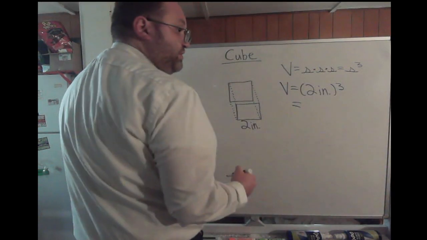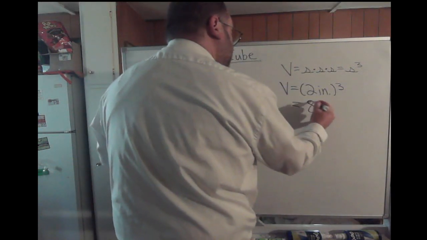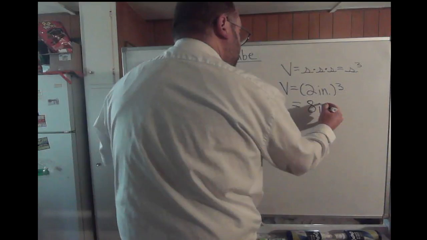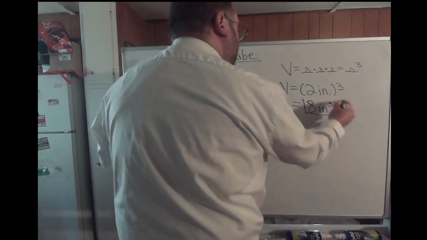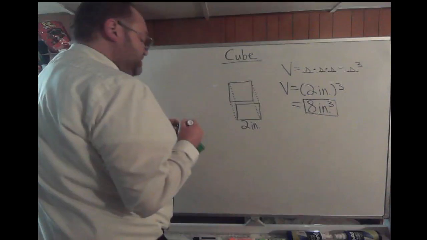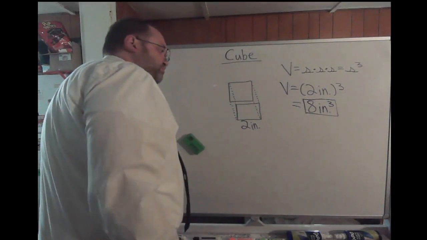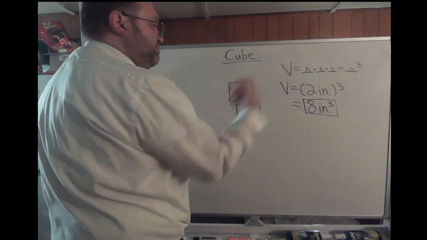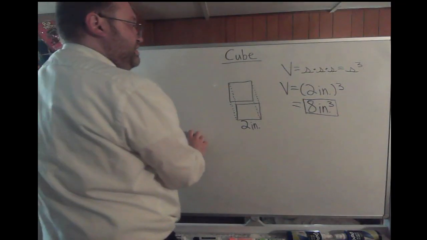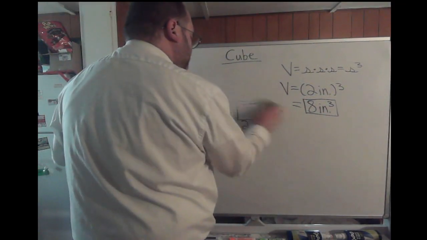Well, 2 to the third is 8. Inches to the third would give you cubic inches, or inches cubed. That would be your volume: 8 cubic inches. So cubes are pretty simple, honestly. You just take a side and set it to the third power and you'll get your answer. That's pretty easy.